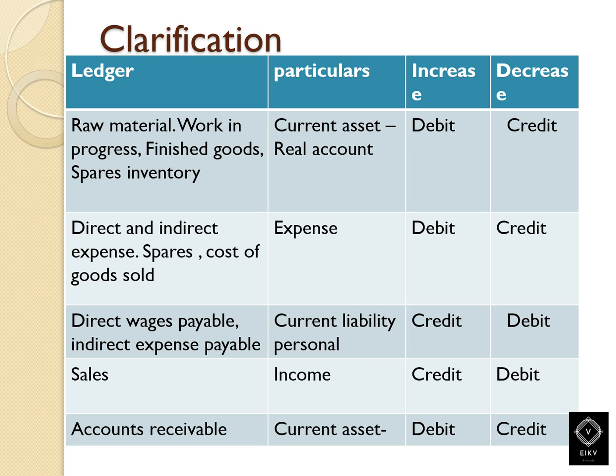Increases we will credit, decreases we will debit. Next we will go for the sales account. As you all know, sales account is an income account. When it increases we credit and when it decreases we debit. Accounts receivable is a current asset account. Debit what comes in, credit what goes out. Therefore, increases we debit, decreases we credit.